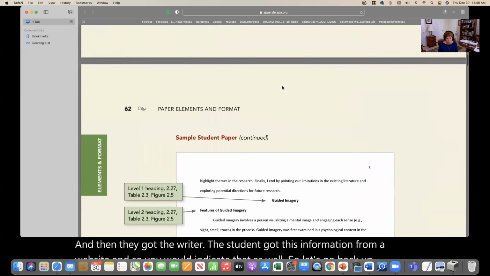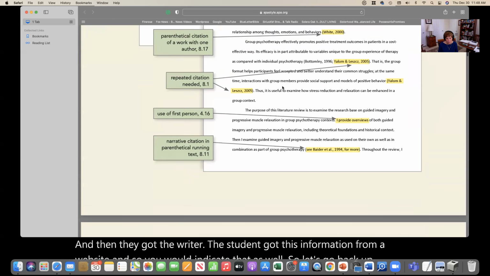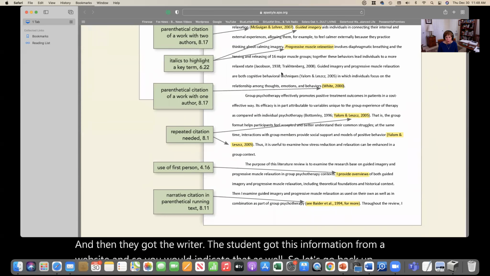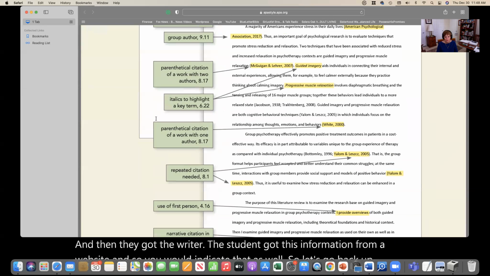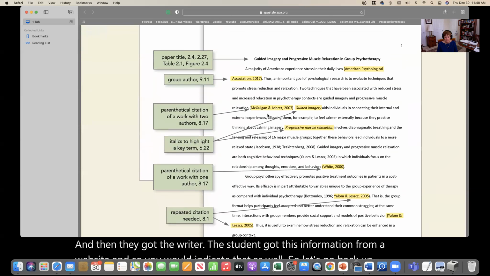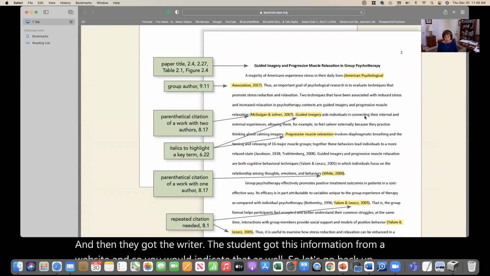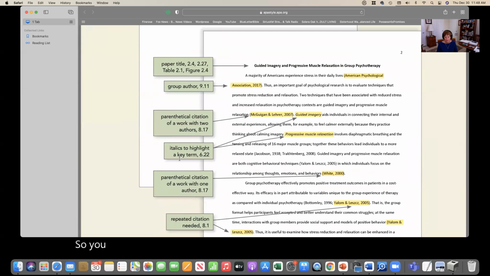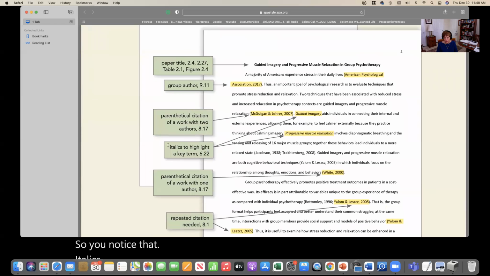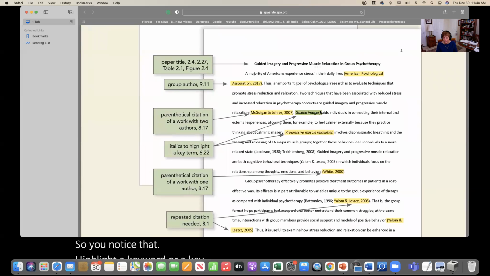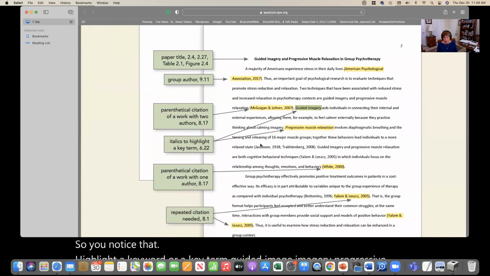So let's go back up. So you notice that italics highlight a key word or a key term: guided imagery, progressive muscle relaxation.